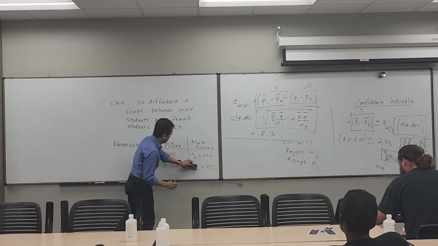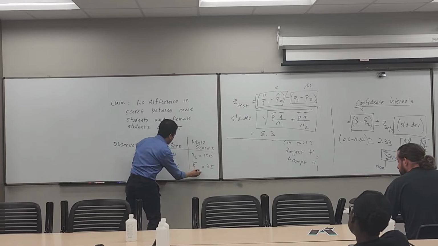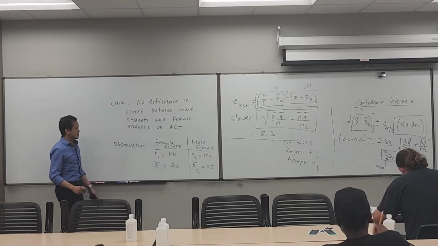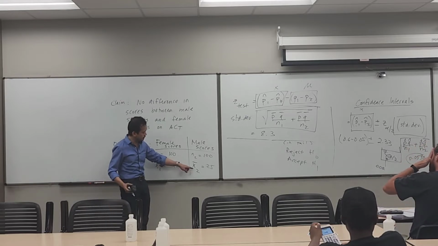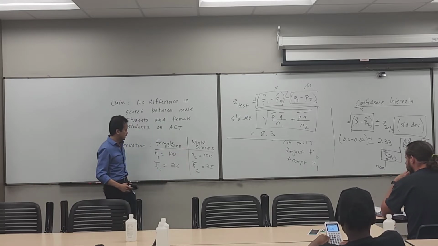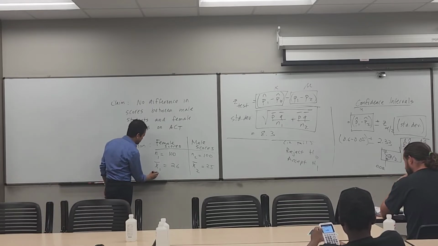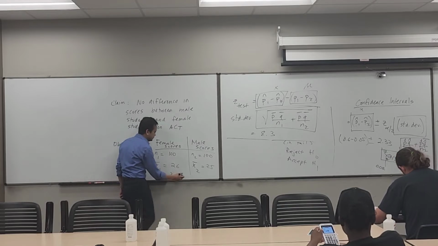Oops, this would be X. So X1 bar is the sample mean for group 1, which are the females, and X2 bar is the sample mean for males. And let's say the standard deviation is 2.